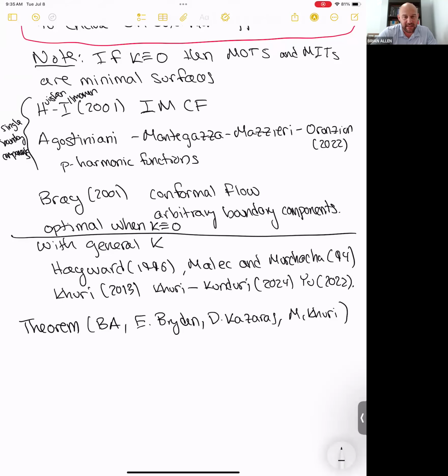So actually, let me just say that I'm going to state the theorem in the setting I just set up, but we have results for the asymptotically hyperbolic and the asymptotically hyperboloidal cases. And one of those is time symmetric, and it's not optimal. The reason we include that is because it's not known in that case.